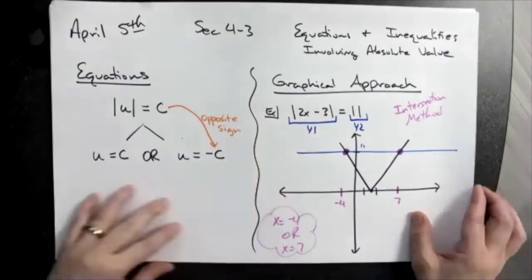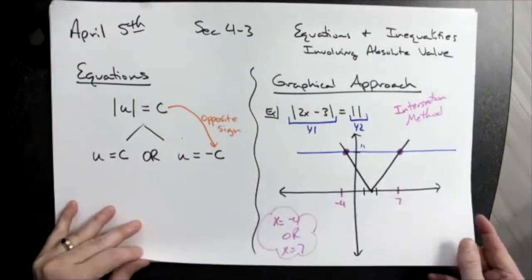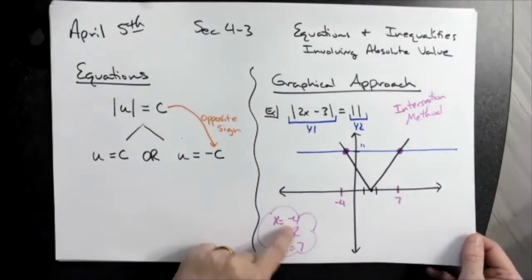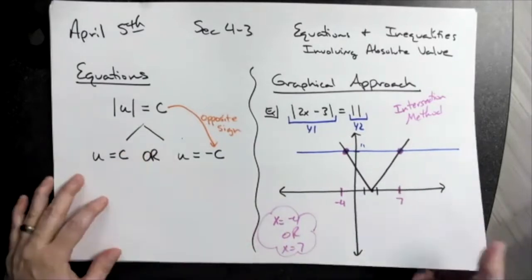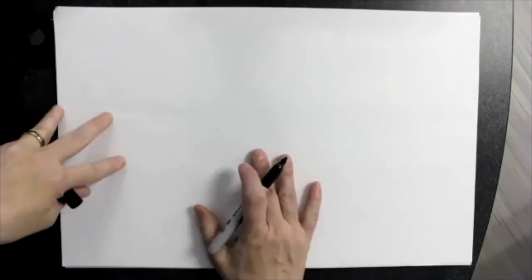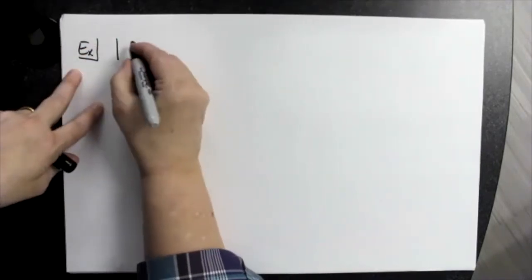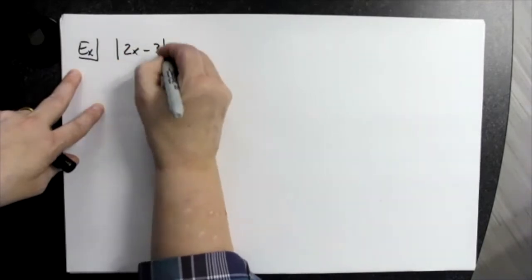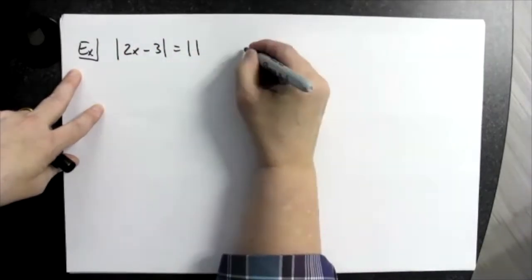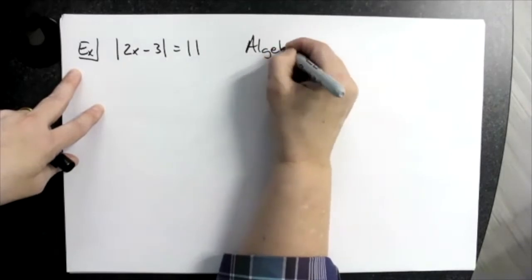Now we're going to take this exact same example and solve it algebraically, and I'll show you where these two answers come from from an algebraic standpoint. All right, so if I had absolute value 2x minus 3 equals 11, algebraic approach.